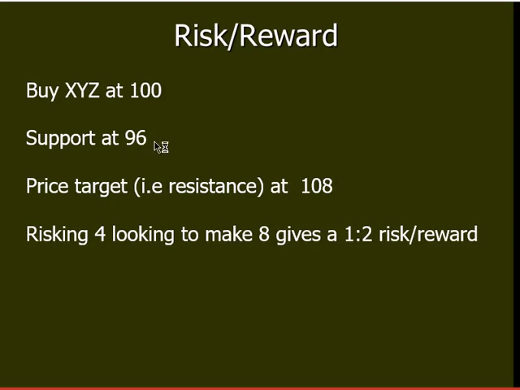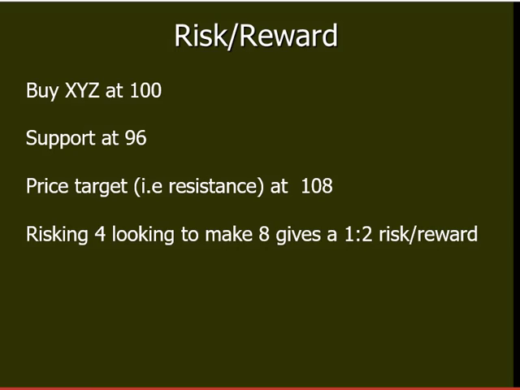So in other words, your stop out area, support at 96. Say this is support area at 96.25 or something, and you're going to do it $0.25 under that. So let's say your stop out, your risk is to 96. Your price target is 108. So you're risking 4.